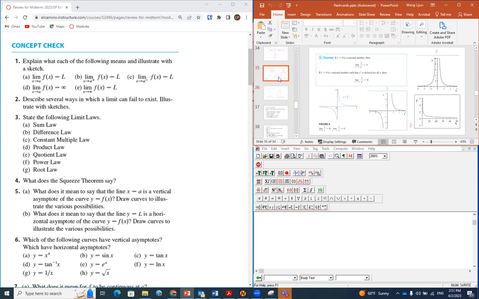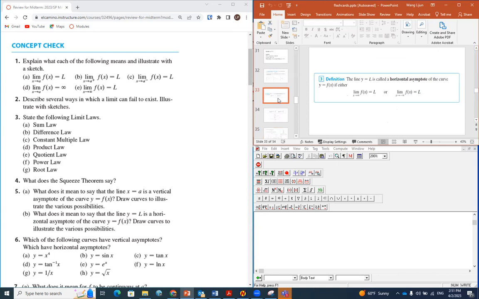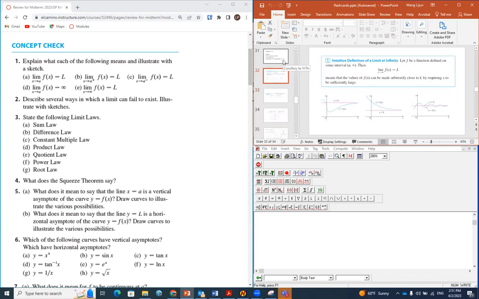So the definitions are here. You want to put these cards together for limit at infinity, and you compare them and study them.